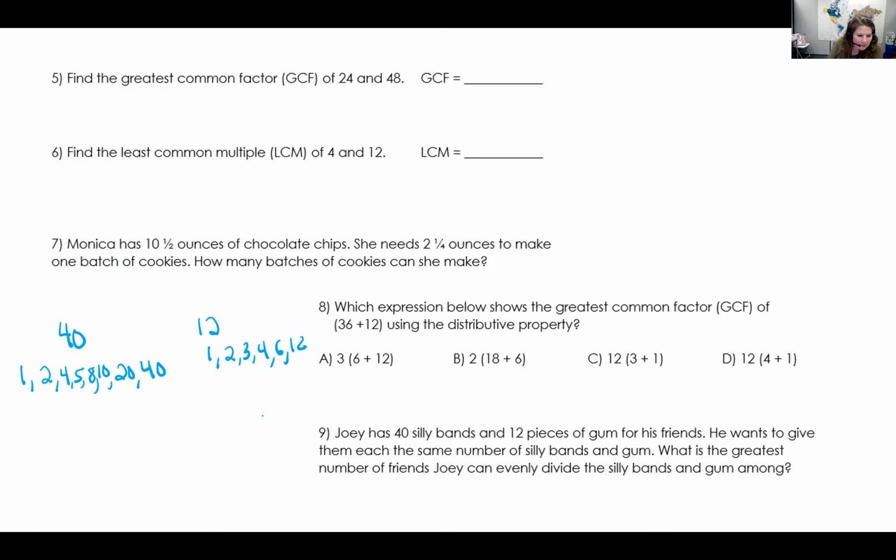So the biggest number they both have in common is a 4? All right, so what is the greatest number of friends he can evenly divide the silly bands among? The answer is 4.